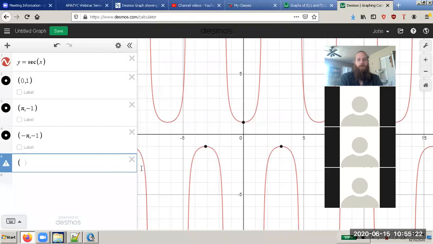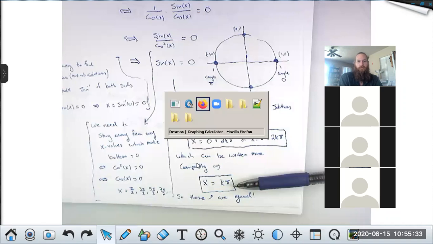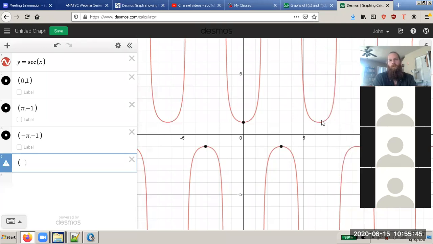Who can give me another x value where I expect from this that the secant function has a horizontal tangent? What do we think this guy over here is? 2 pi. Yeah, right? Because all of these horizontal tangents are occurring at k pi, integer multiples of pi.